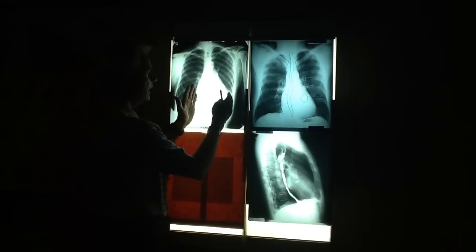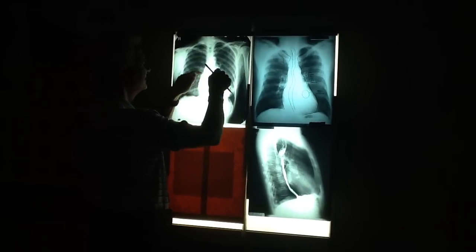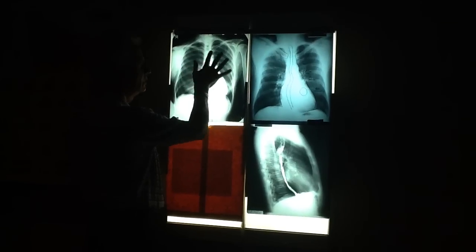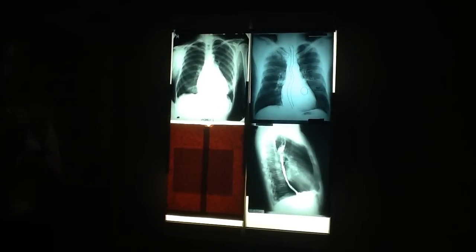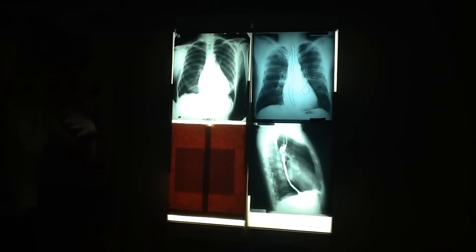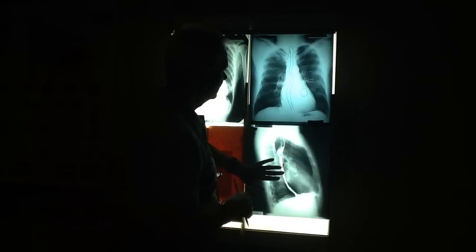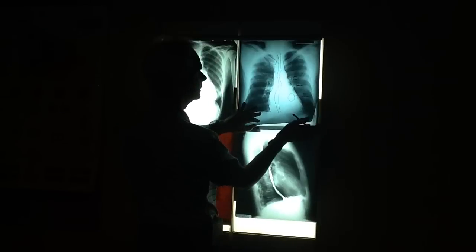So we got a little cardiomegaly, some prominence of the left atrium, little bit of vascular engorgement, not much, and there's no evidence here of any reticular changes, there's no pulmonary edema, because it's still below the threshold for the edema.